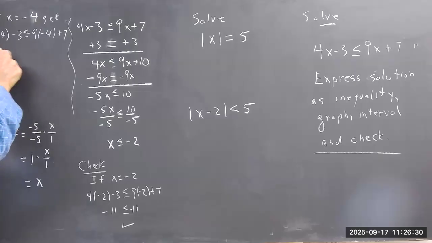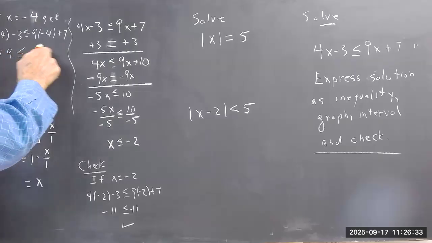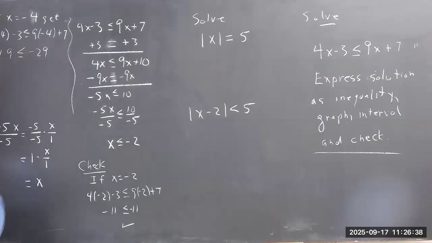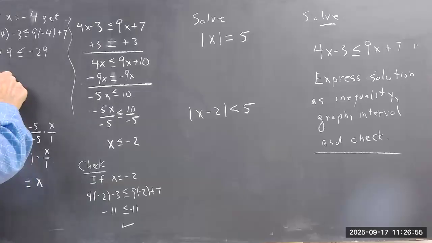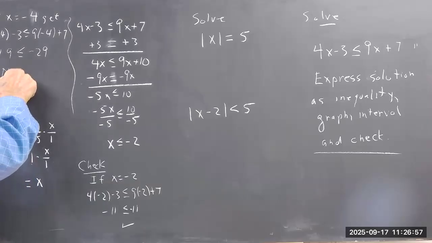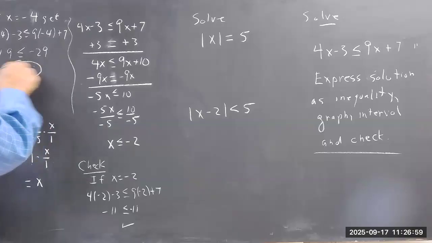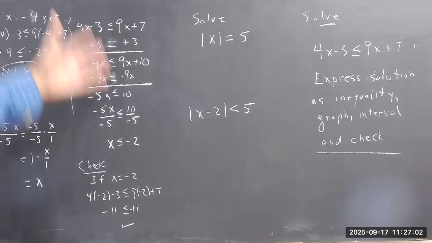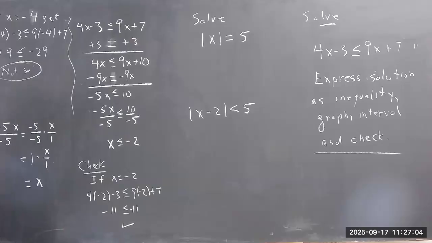It's -19 less than or equal to -36 plus 7, which is -29. So there's something wrong. So now we did something wrong in solving the inequality, and this is why you check.